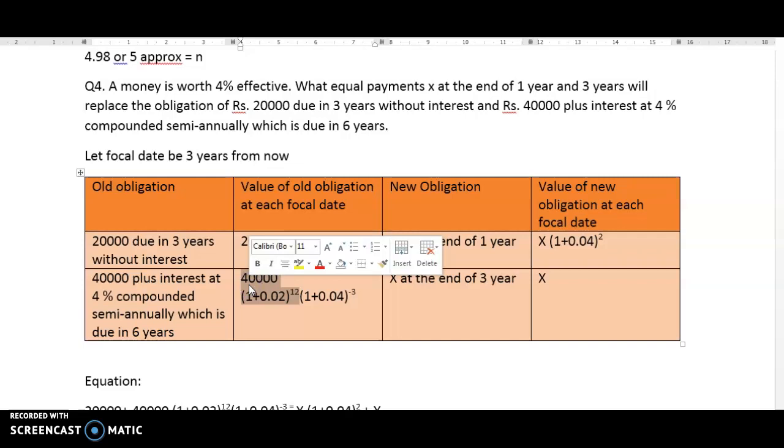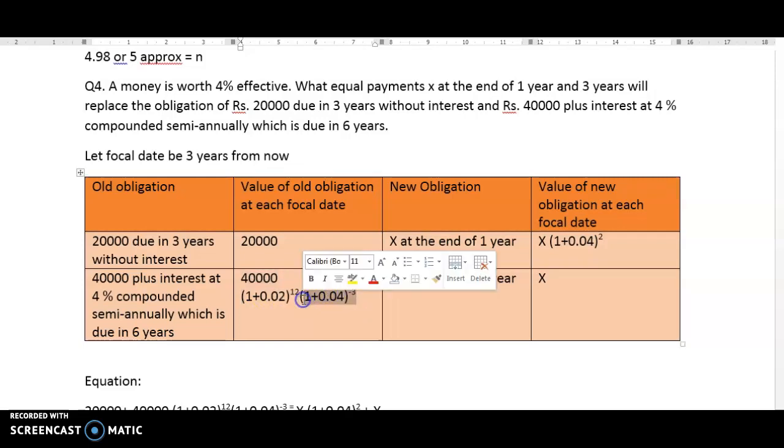After calculating the future value, because now this value is at the end of 6 years and my focal date is 3 years, I have to calculate the present value of this value, that is by using this formula, 1.04, 4% rate of interest, that is effective rate of interest, raised to minus 3, because this is after the end of 6 years and focal date is 3, so this is minus 3.